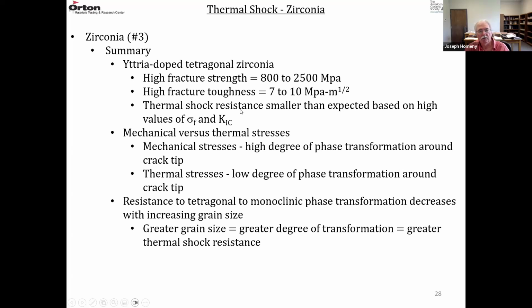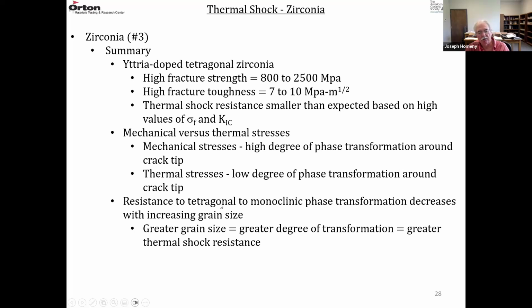And the thermal shock resistance is smaller than you would expect based on a high fracture toughness and high strength. So consider a mechanical versus a thermal stress. The mechanical stresses have a high degree of transformation around the crack tip. And thermal stresses appear to have a lower degree of phase transformation around the crack tip.